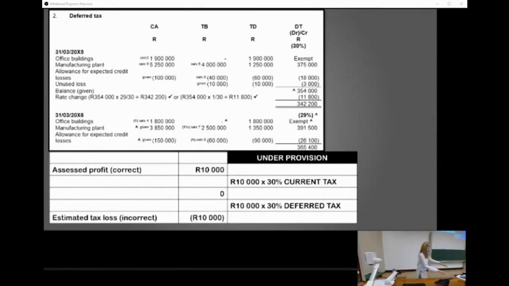You'll see, I can't remember which paragraph it is now. It's right after the definition or the formulas that they give us for the tax basis. Okay, it's paragraph 10.